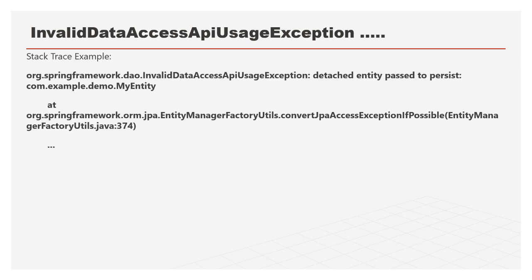In that case, this exception is thrown when a detached entity is passed to a persistent object. So always look out for that when you're dealing with an entity. There might be some other exceptions which might come up too, but this is one of the examples I'm trying to showcase.